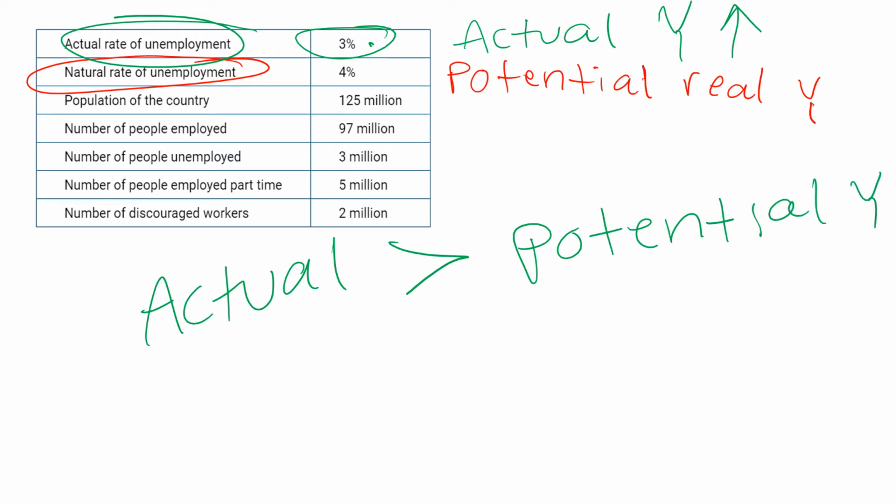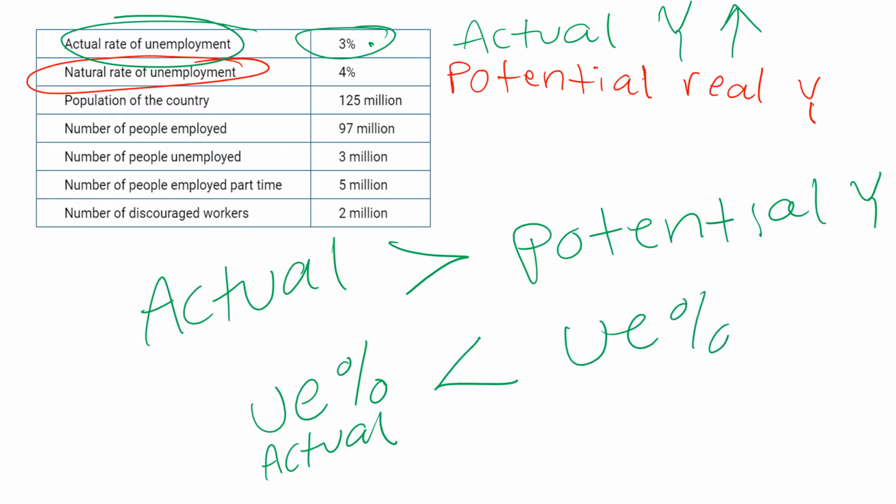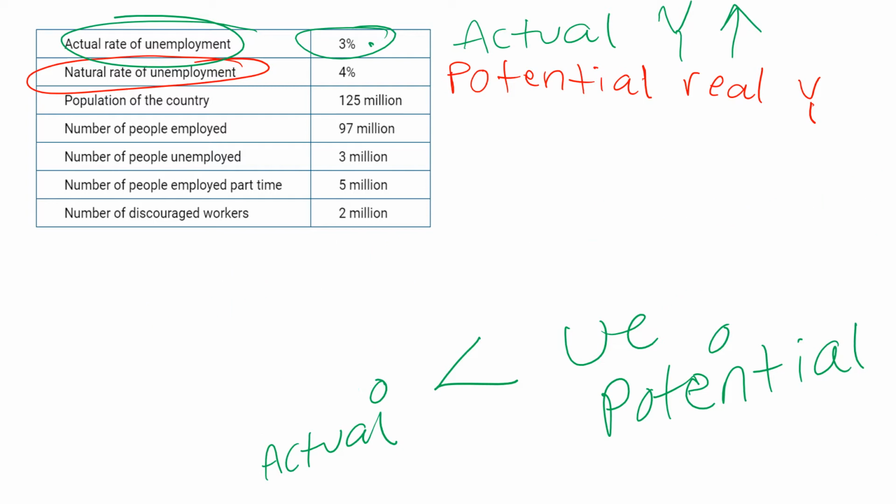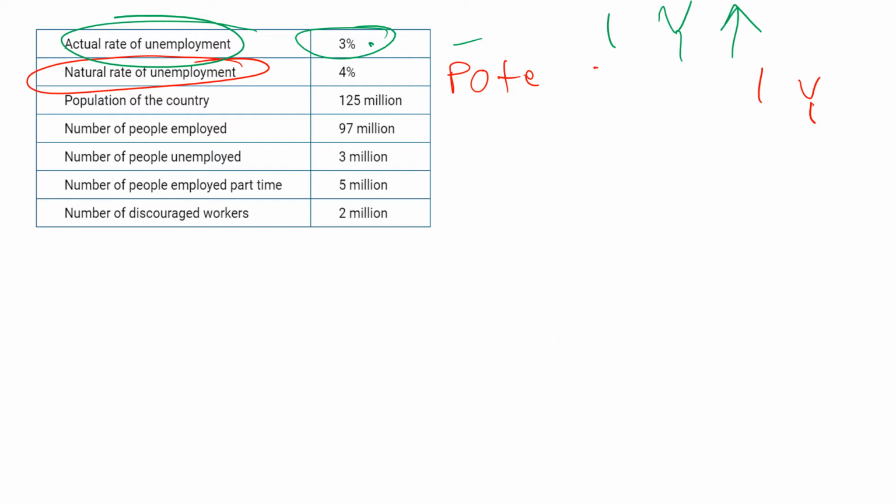And the reason why is because unemployment is less than potential. Okay, so actual unemployment is less than potential unemployment, and so that tells me that our actual output is going to be greater than our potential output, just because we have more people working than what we would normally expect to see, and so that means we're producing more stuff than what we would normally expect to be producing.